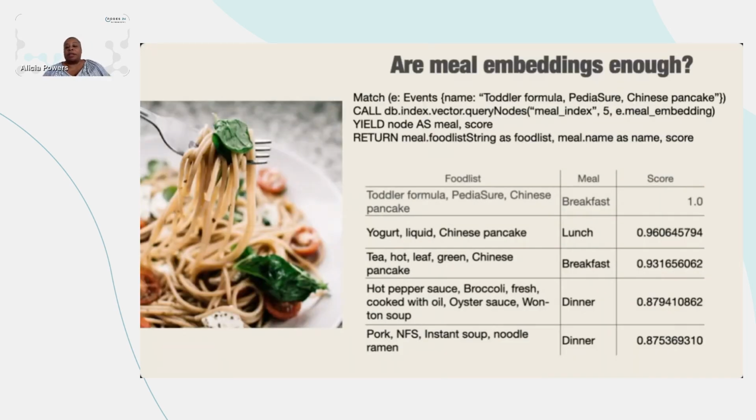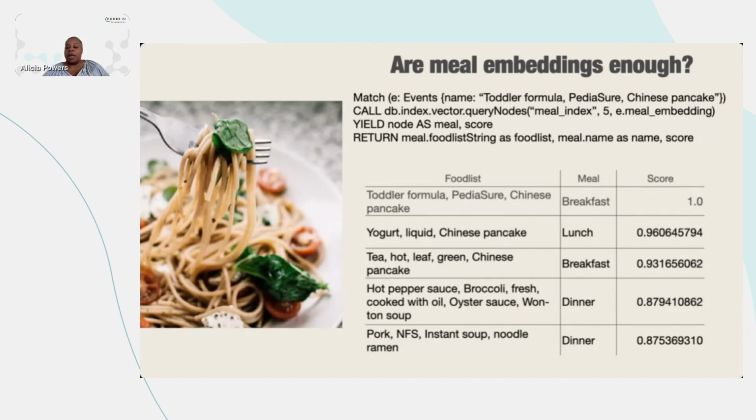So I also did meal embeddings as well. And I started with kind of a strange meal, but I started there because I thought it was a good base case, which is a toddler formula, Pediasure, and a Chinese pancake. This is an actual meal that exists in the data. And so when I looked at the similarity, what I saw was initially the model just started replacing the formula with another type of liquid.